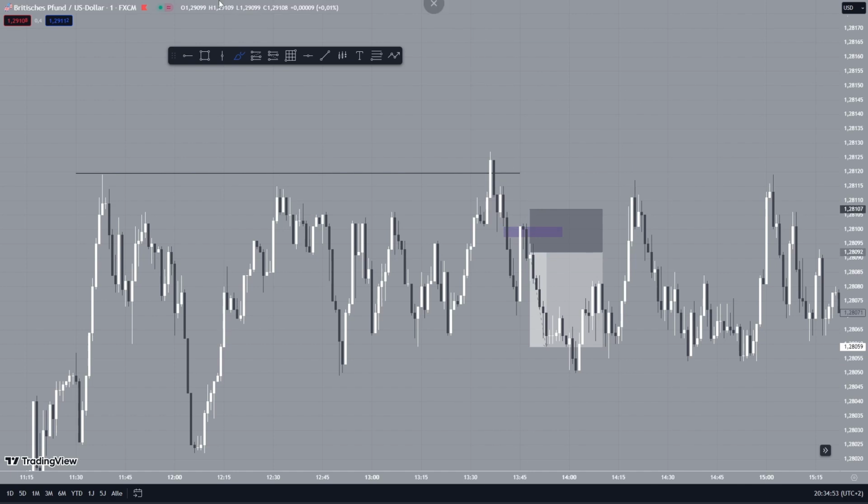I don't know if you've ever seen that entry model where you enter after a fair value gap reaction and place your stop loss above the fair value gap. I don't want to say I'm the only one doing it, because the trading industry is very big and probably some people out there are doing it too, but it's high level scalping.